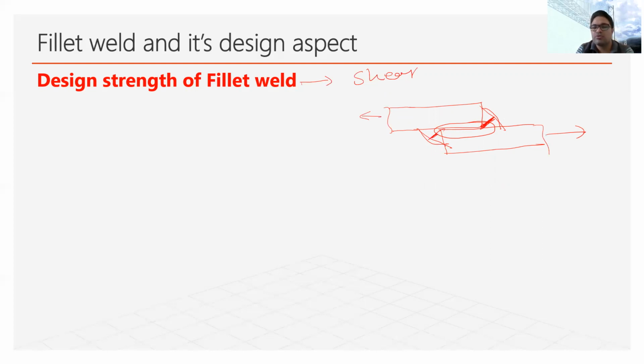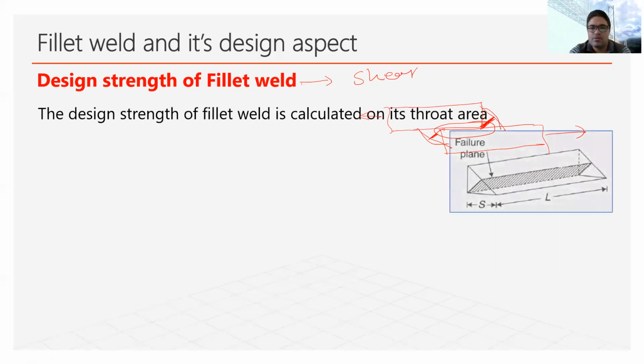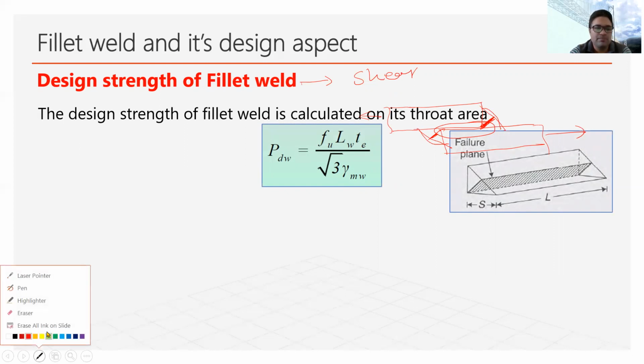Now we will see the design strength of fillet weld in terms of shear. If we remember the formula that we used in calculating shearing strength of the bolt, you can see that this formula is the same.